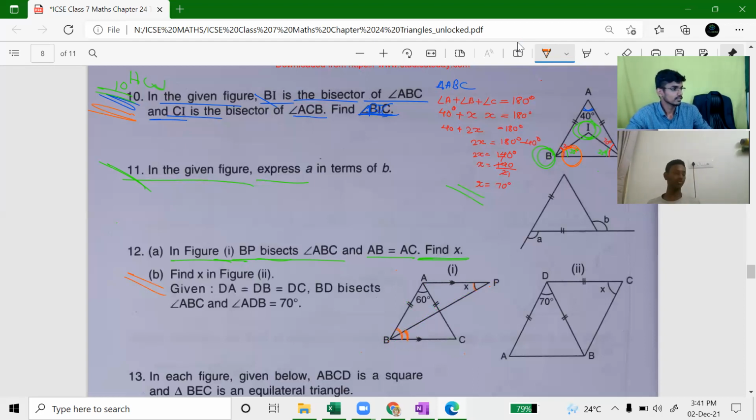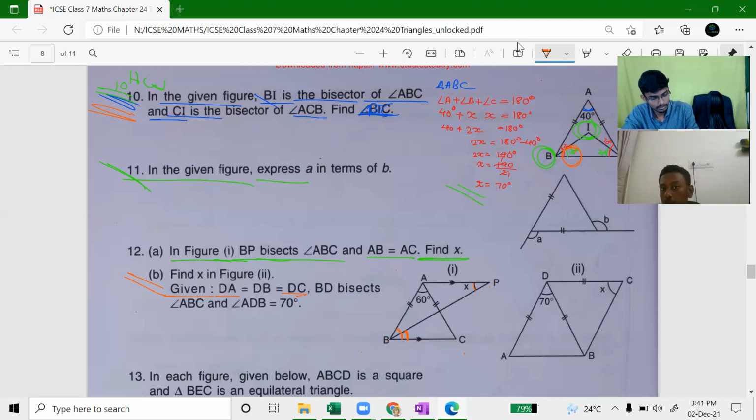Come to question number 2. Find x in figure 2. Given DA is equal to DB is equal to DC. BD bisects angle ABC and angle ADB is equal to 70 degrees. Where is DA? DA is equal to DC.